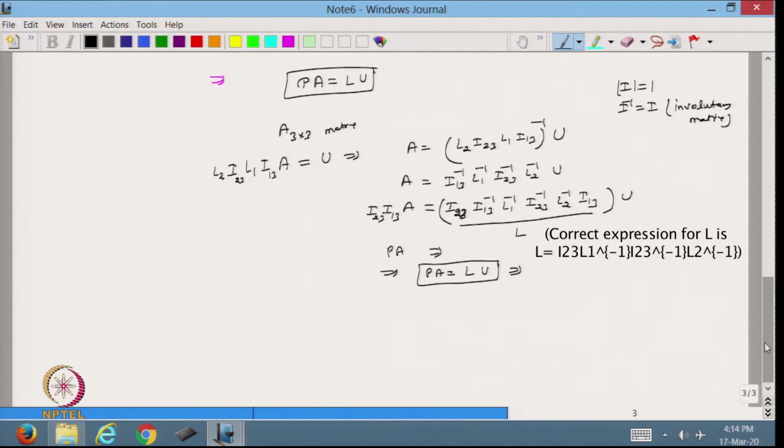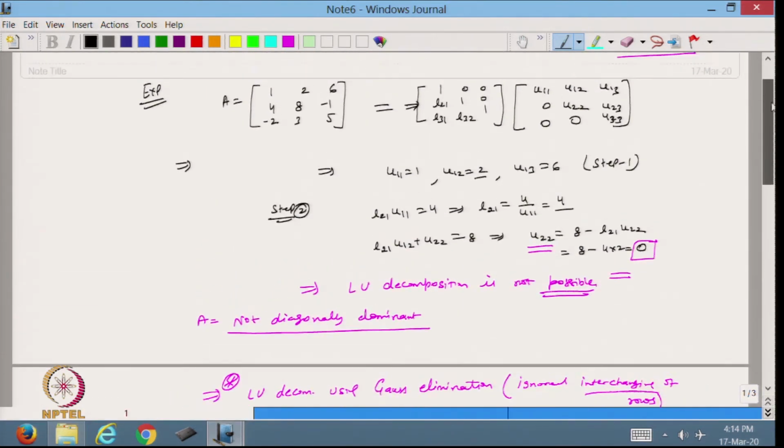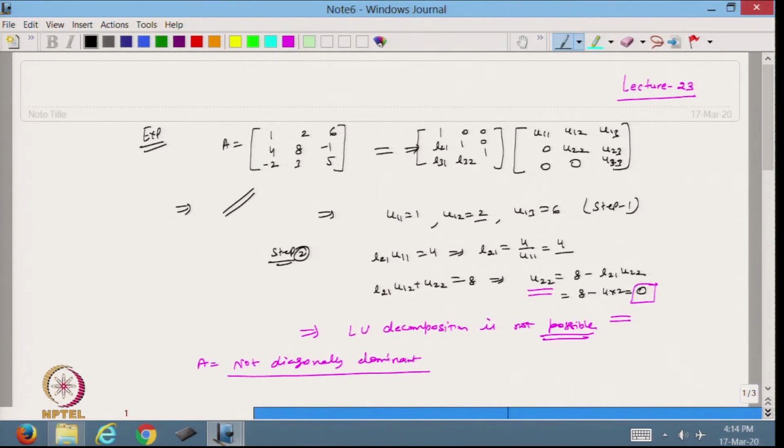So, we have to do this when we come across zeros, as we have done in the example for Kraut's method. Because in the example of Kraut's method, if I change this matrix into this form, suppose I write 4 8 minus 1 and then 1 2 6 here and then minus 2 3 5.